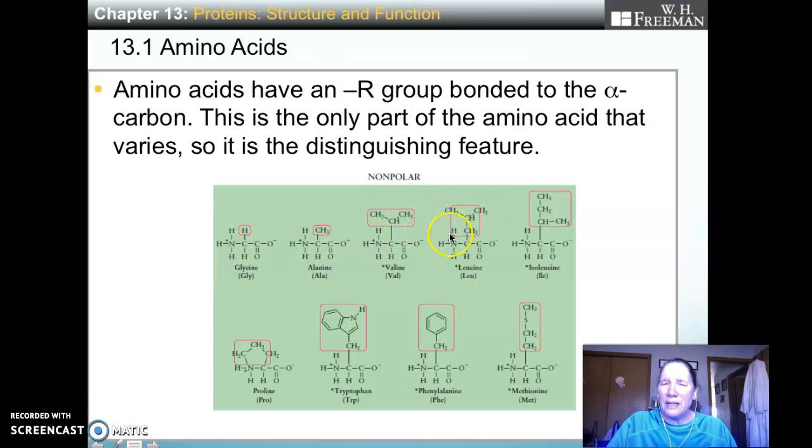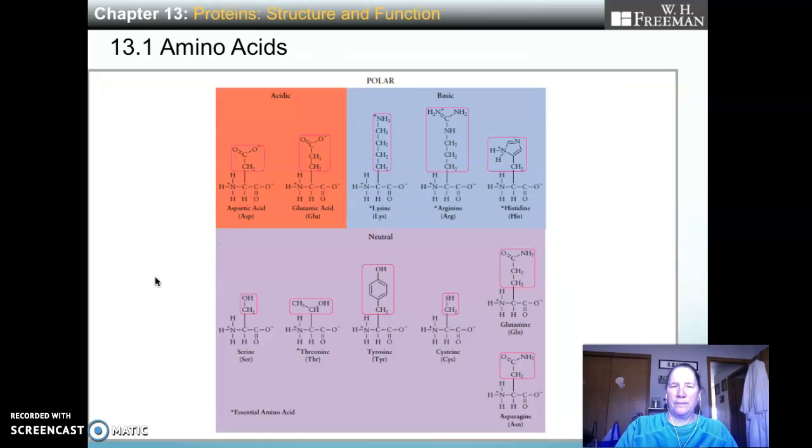Okay, so it keeps getting different and different, but that's what makes them specific amino acids. So the backbone is the same on every single one of them. The R group changes, like, here's 2 benzene rings, and here's 1 benzene ring, and so on. So there are 20 different amino acids, okay? And the R group is different, okay?